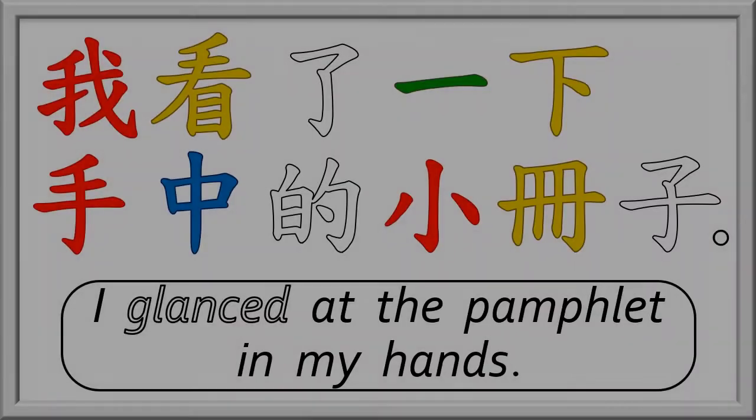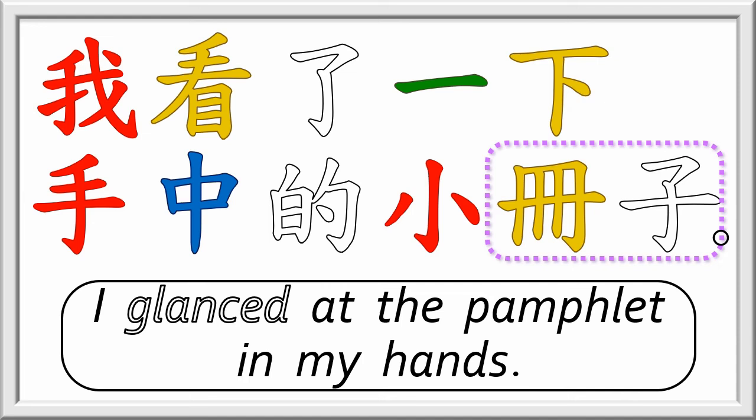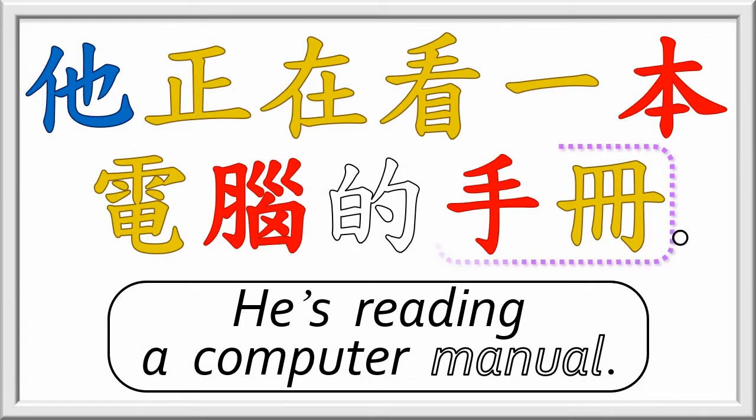Either way, to write it is correct, but today we're more concerned about the lower version, because it will reappear shortly as part of another character. Here are two examples of 册. 我看了一下手中的小册子. I glanced at the pamphlet in my hands. 他正在看一本电脑手册. He is reading a computer manual.